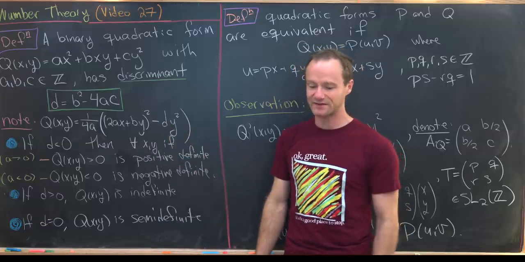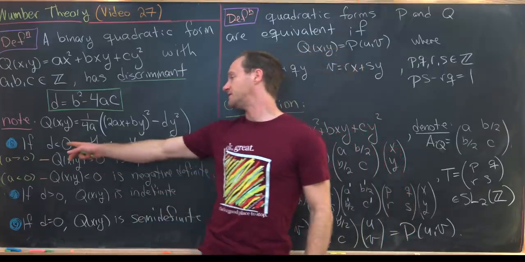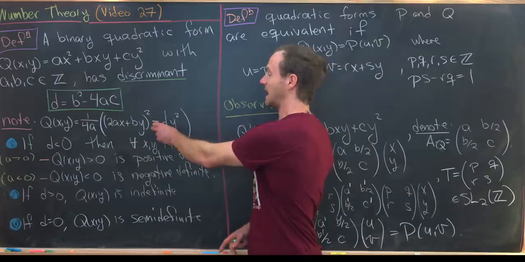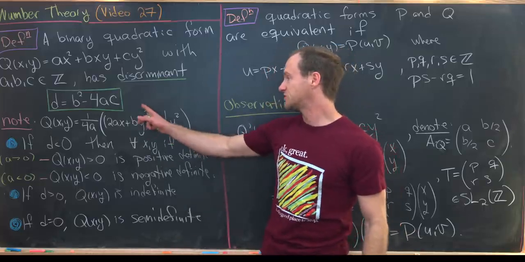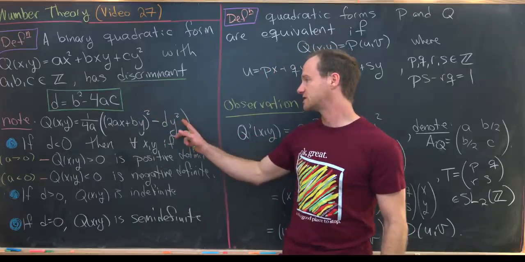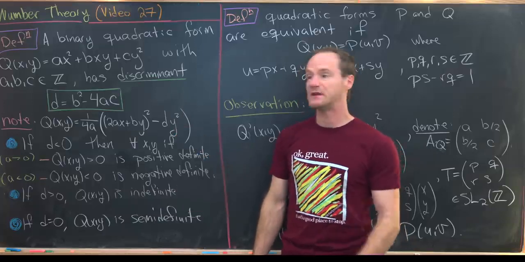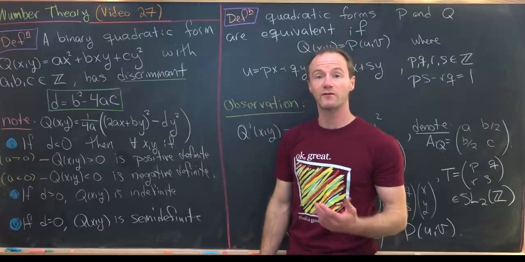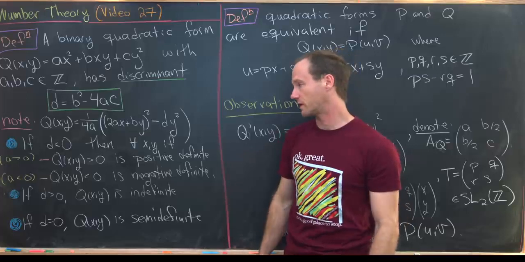And now the sign of this discriminant will give us a lot of information. If D is less than 0, then this minus D is always bigger than 0. That means this term, which is always squared, and this term, which is always squared, will always be positive, the stuff inside those parentheses. Well, of course, unless x and y are both 0, but that's the case we're not really worried about.